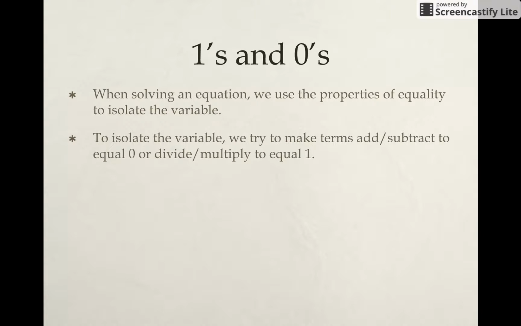When solving an equation, we're very interested in ones and zeros. In general, we want to isolate the variable, and to do that, we try to make constant terms add to 0, and we often want to make the coefficients in front of the variable 1, so we'll use multiplication to do that.